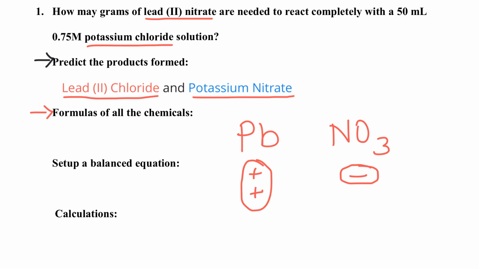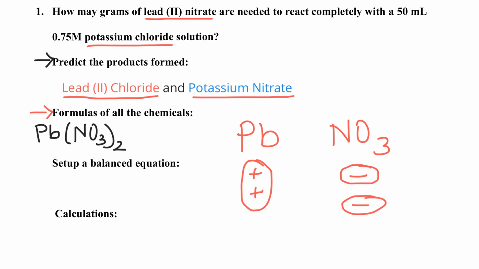And so in order to balance these charges out, you will need 1 more negative, which should give you the formula of Pb(NO3)2. I had to put parentheses around my nitrates because it is a polyatomic ion and I have multiple of those. See, I have 1 and I have 2. I had 2 ions, so there you go.